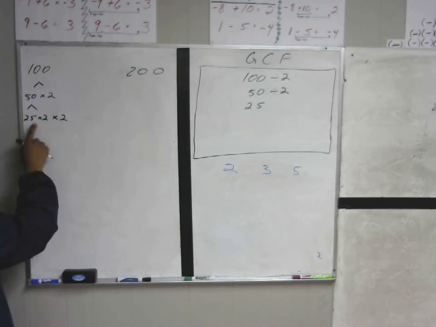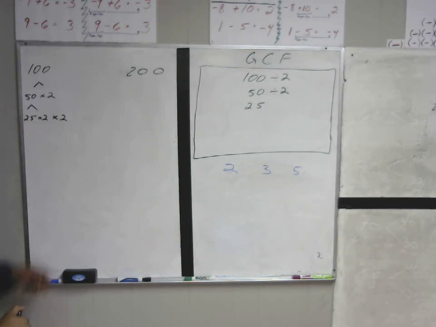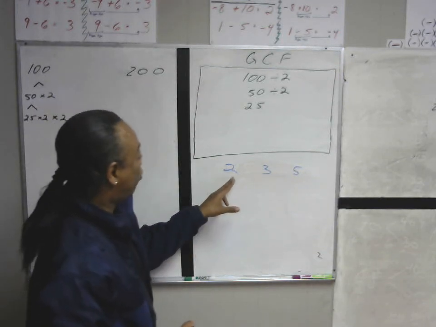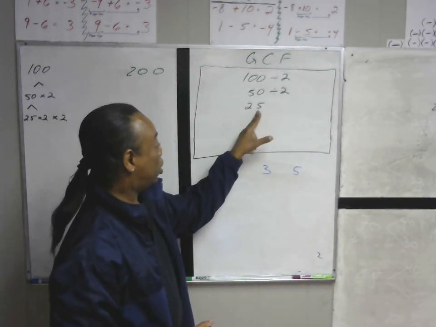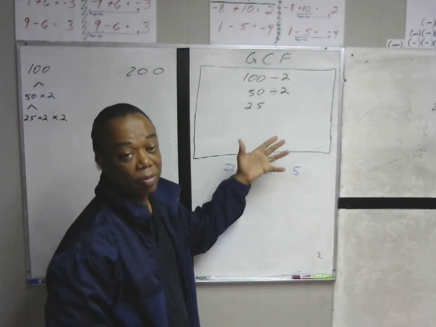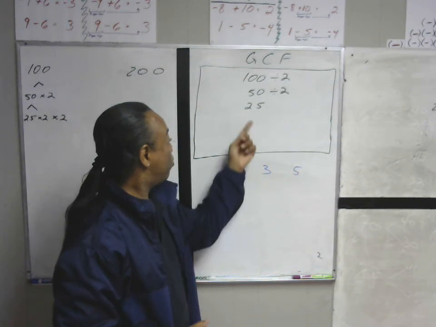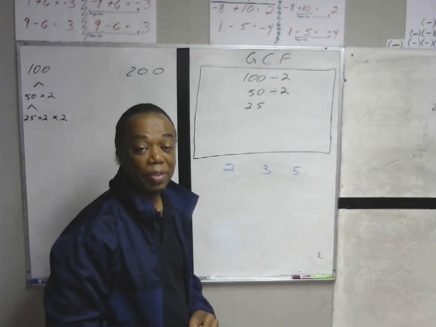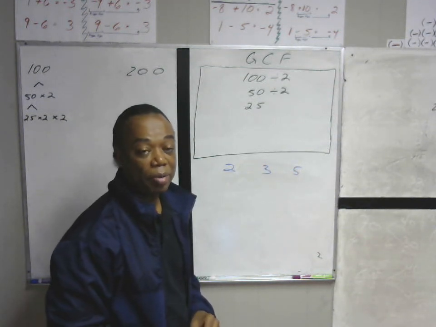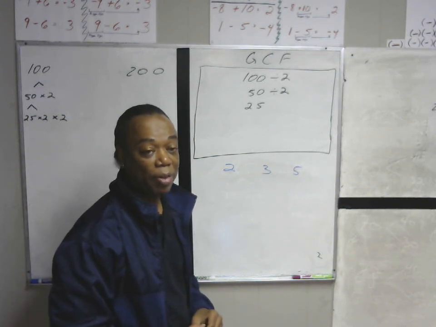So now we have 25 times 2 times 2, or 100. We can no longer divide by 2 because this is not an even number. So we'll see if we can divide by 3. If you add 2 plus 5, you get 7. 7 is not in the 3 times tables, so we cannot divide by 3.